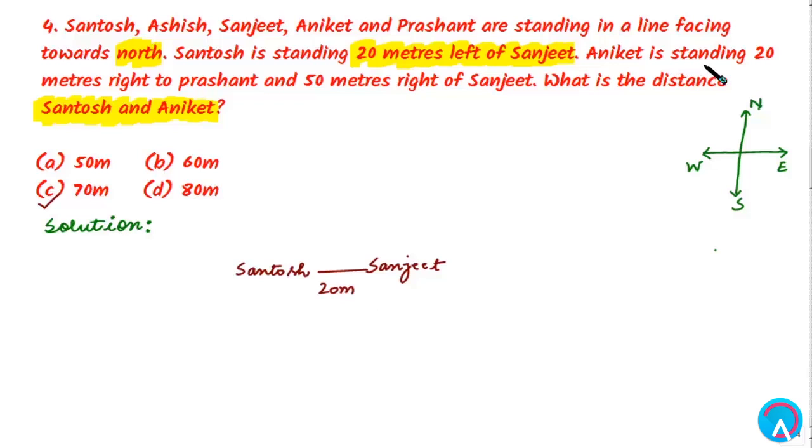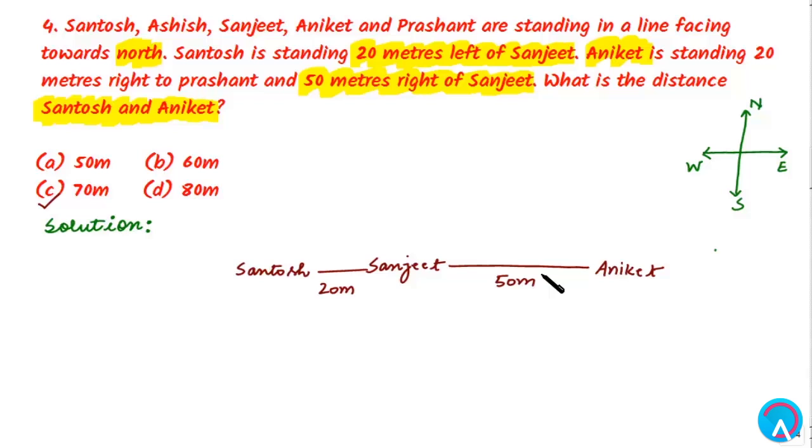Then it is given that Aniket is standing 20 meters right to Prashant and 50 meters right of Sanjit. So Aniket is 50 meters right of Sanjit. So that means if Aniket is here, that means right of Sanjit, the distance between the two is 50 meters.